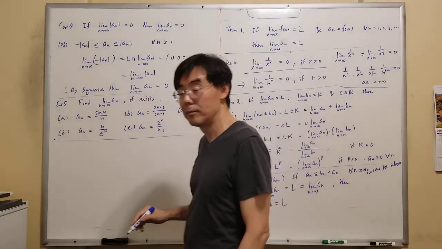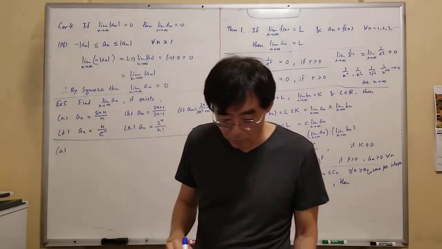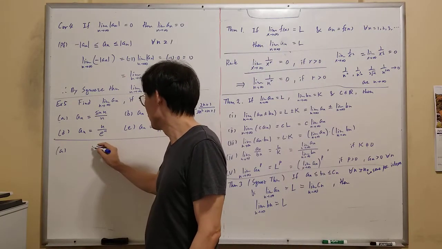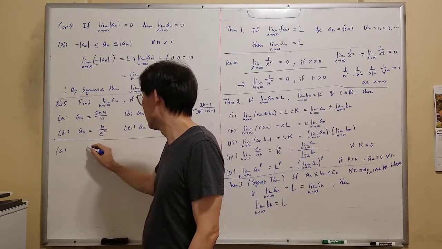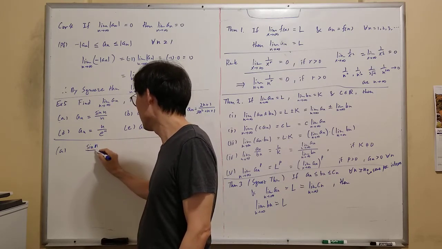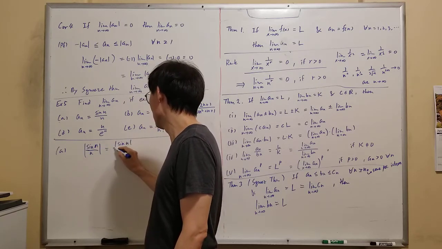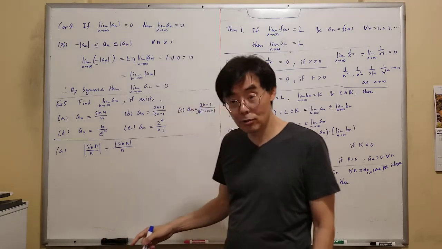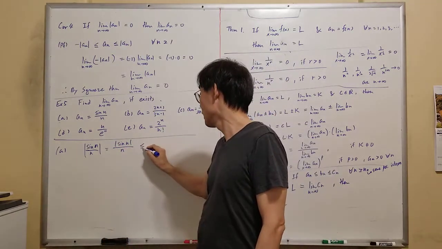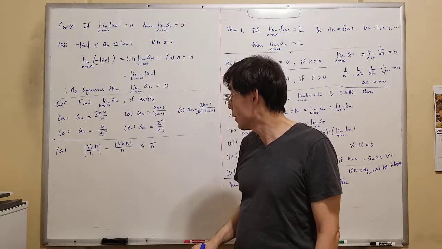So A. Now sine n over n. If you take the absolute value of sine of n over n, it is the absolute value of sine of n over the absolute value of n, which is just n, right? But the absolute value of sine of anything is always less than or equal to 1. So it's less than or equal to 1 over n.